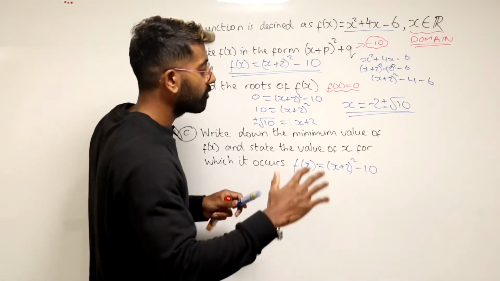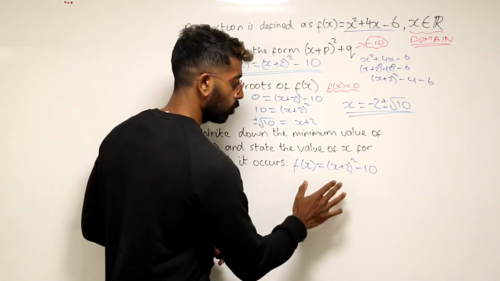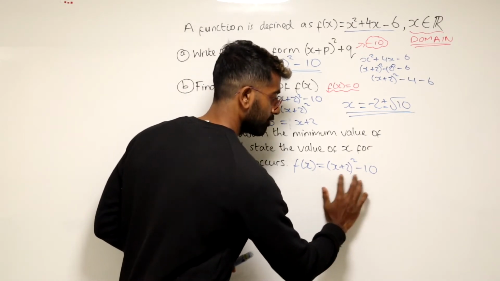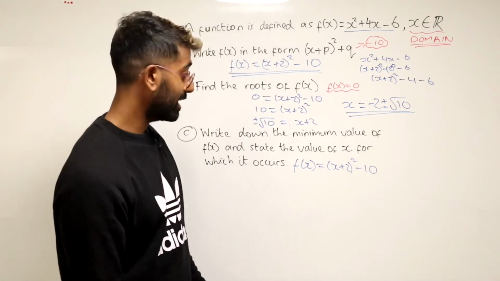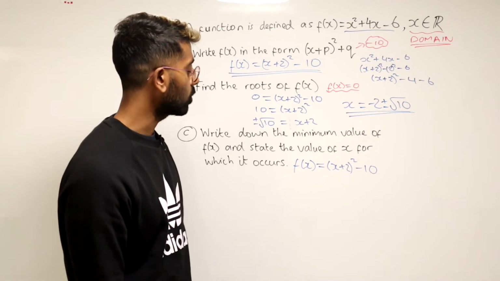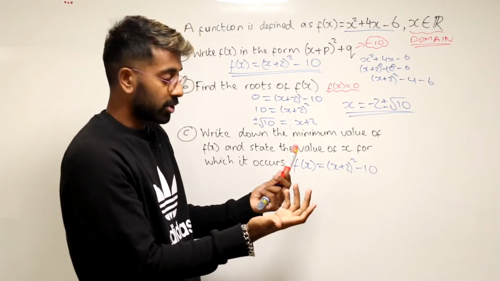Well, this means out of all of the x values that I can put into here, after we sub that x value in and work out the value of this expression, they want to get the smallest possible value that it could be. So let's just do a few examples of x numbers that we could put in.